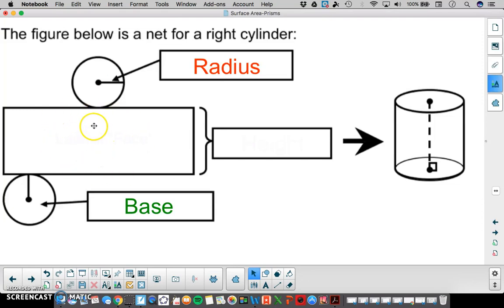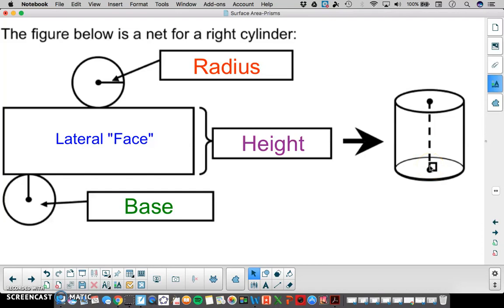This rectangle in the center here is the lateral, notice heavy quotations, face of the cylinder. And the height of the cylinder is the height of that rectangle that's created with that lateral face on the net. So this is going to be our height of our cylinder.